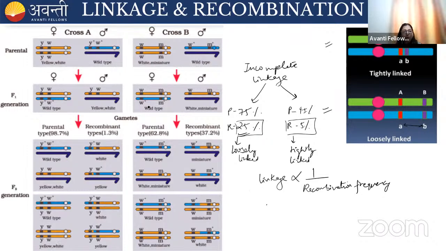And Morgan carried out three dihybrid crosses on Drosophila, and he chose three characters: body color, eye color, and the wings, whether normal wings or miniature wings.